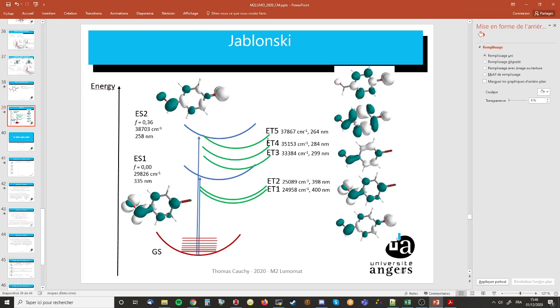Whereas if you go directly to ET4 and ET5, your excited electron is still in this region, and doing a CO vibration, you will lose packets of energy of 1700, and you can go from here to here, and then from ET3 maybe to ES1.